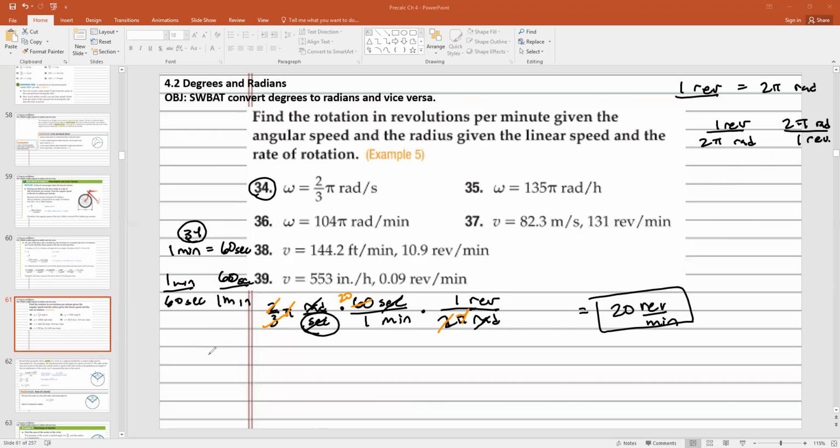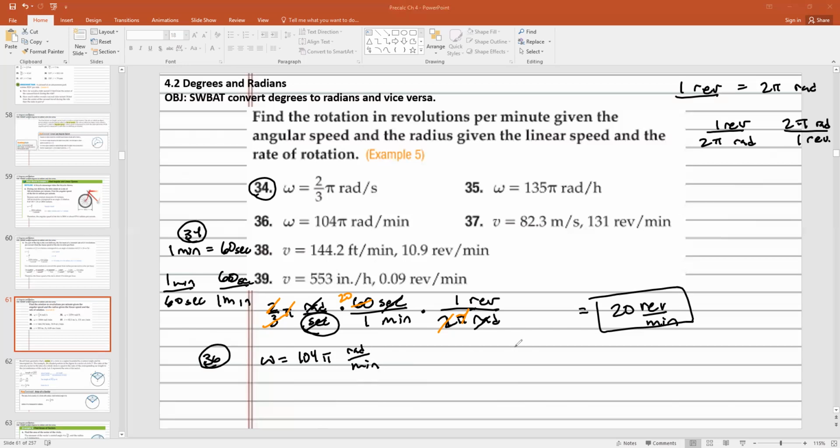And here, 36. Well, it's already in minutes. So these are a little different. So omega is 104 pi radians per minute.